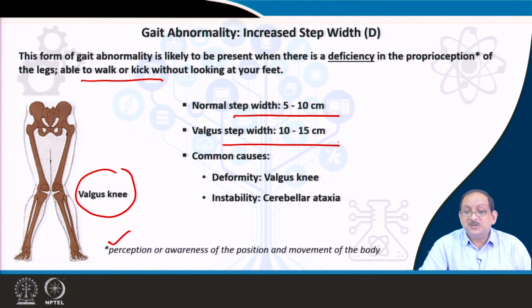The common causes of this form of gait abnormality are joint deformity, valgus knee, and instability caused due to cerebellar ataxia. Cerebellar ataxia results in uncoordinated movement due to damage at the cerebellum.